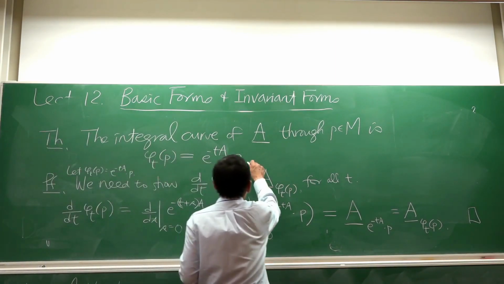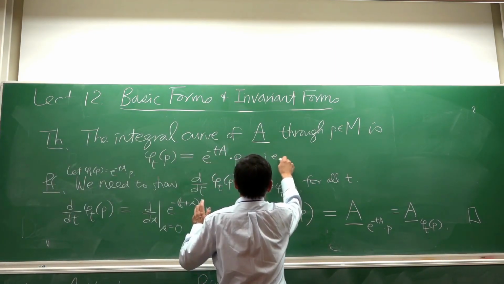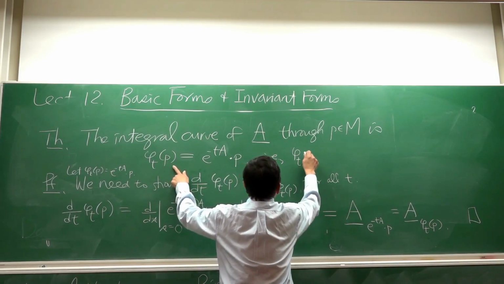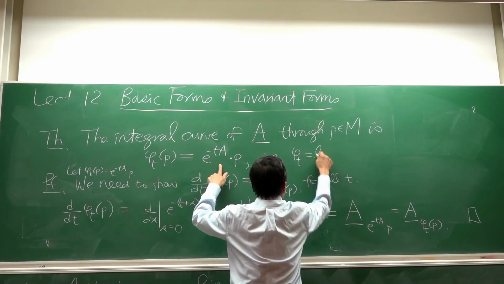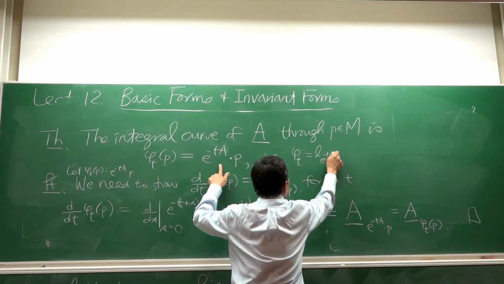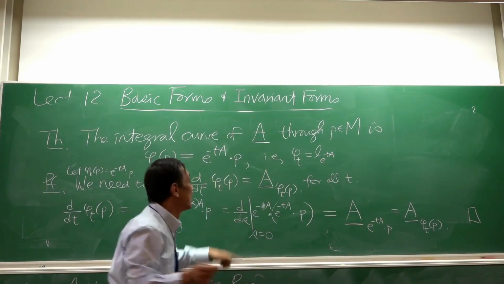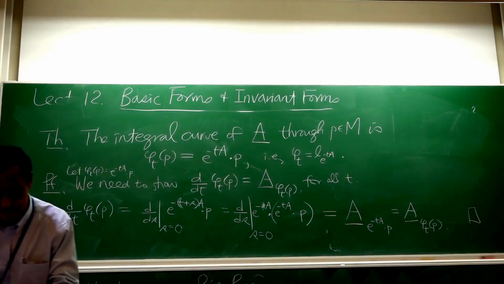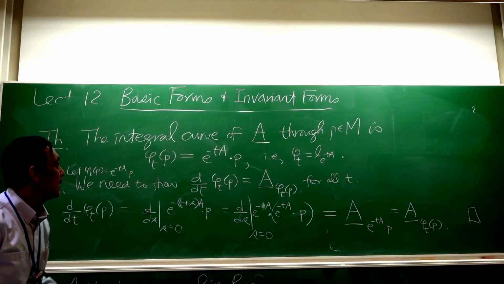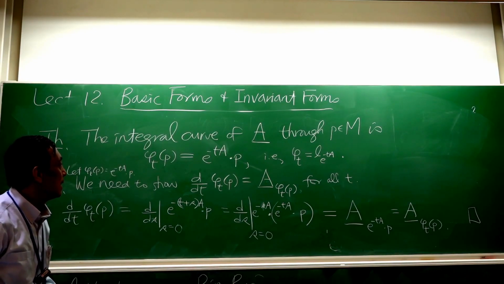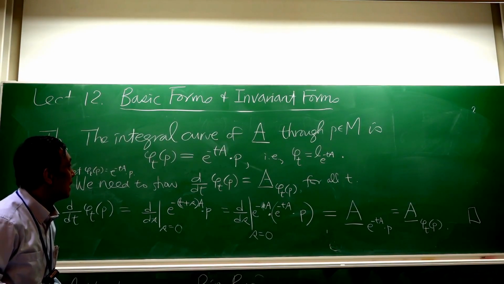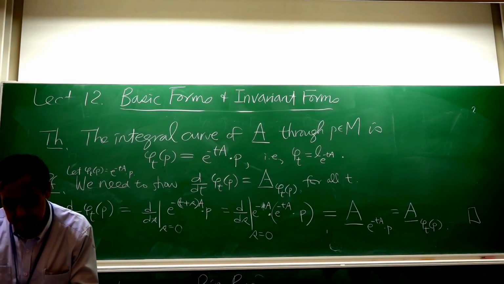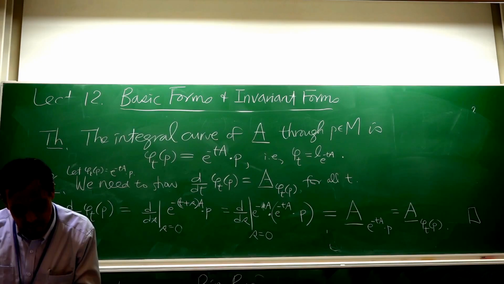So you can also say the integral curve phi t is left multiplication by e to the minus ta.